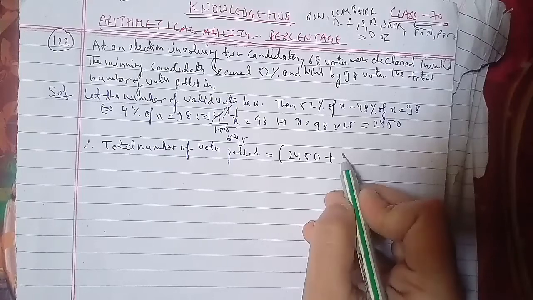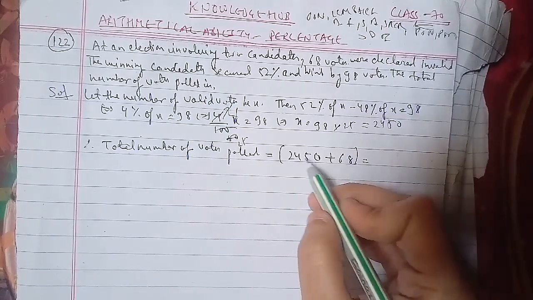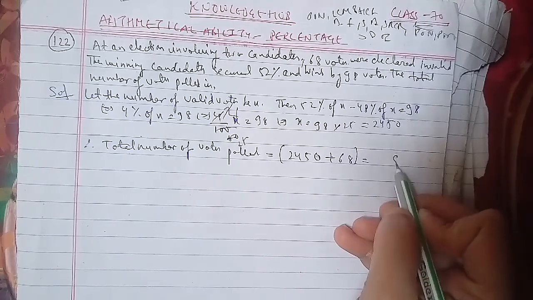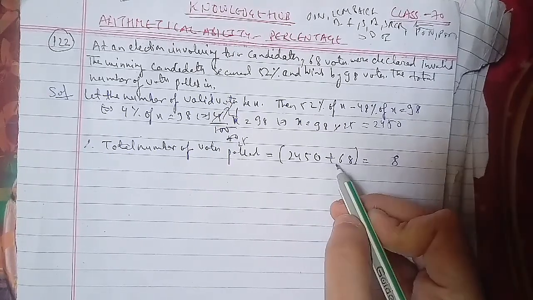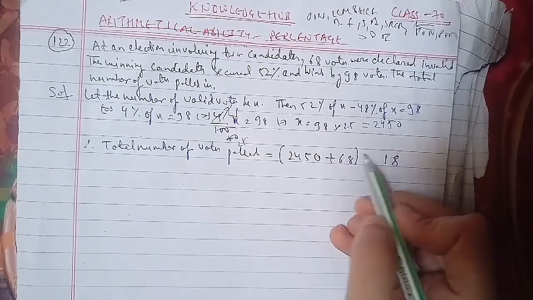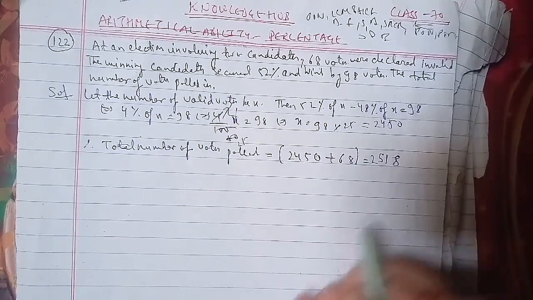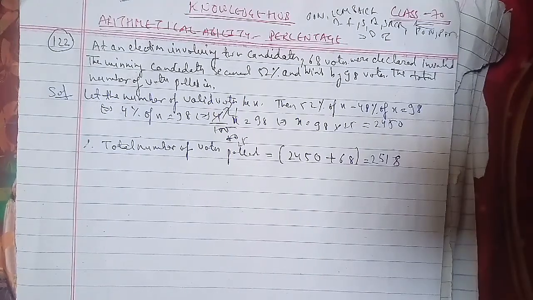They will also be counted because we have to find the total number of votes, which equals 2450 plus 68. 0 plus 8 is 8. When we add 5 plus 6 is 11, 1 carry, 4 plus 1 is 5, and 2. So 2518 votes. That will be the right answer for this question as well.